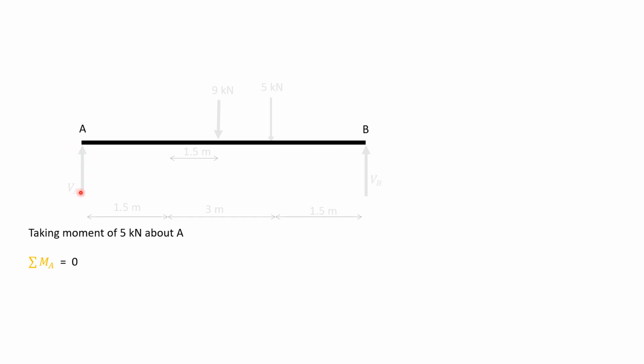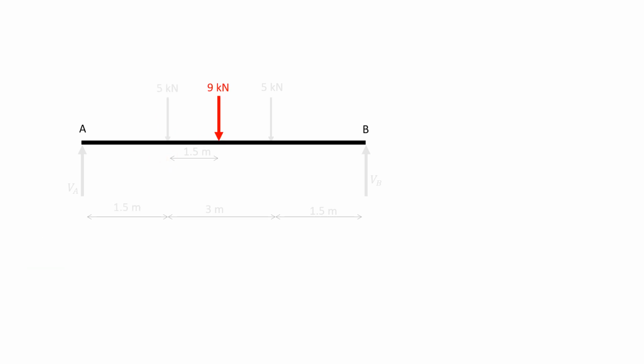Here, VA is passing through point A, so it will have 0 perpendicular distance about point A. So, VA will have 0 moment about point A. And now, considering this 5 kN force, it will have a line of action like this, and it will have a perpendicular distance of 1.5 meters from point A, and it will rotate about point A like this, 5 into 1.5.